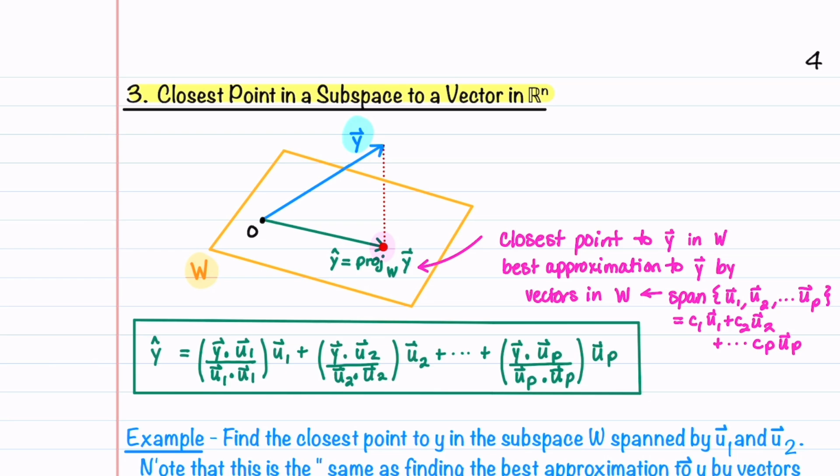This point is called the closest point to y in subspace W, and it's also called the best approximation to y by vectors in W, or vectors in the span of u1, u2, all the way up through up. This closest point or best approximation is just our vector y hat, and the formula for y hat is given here.